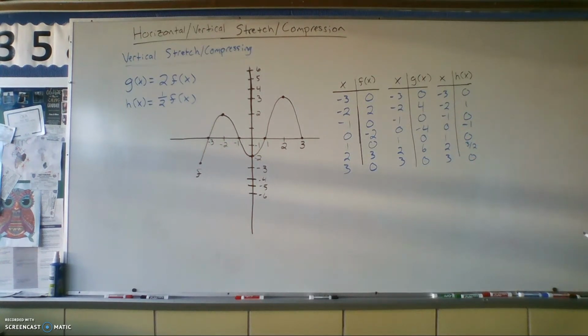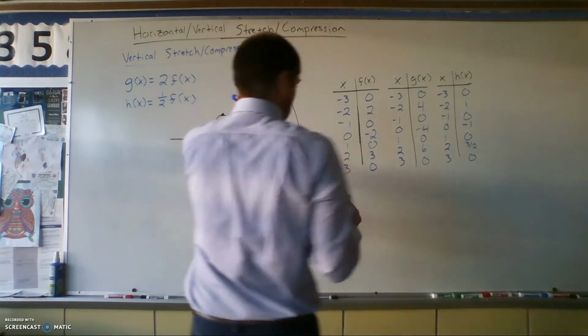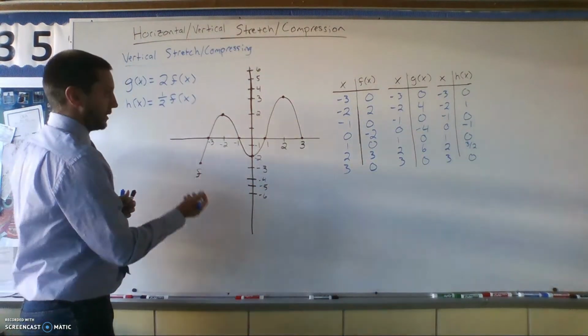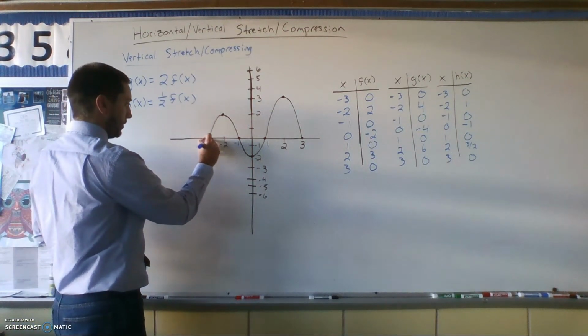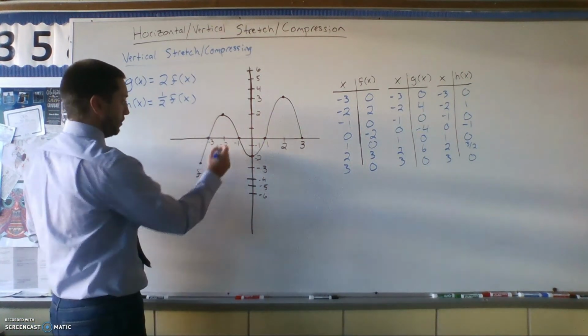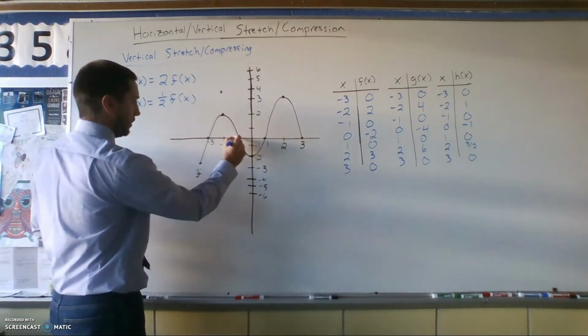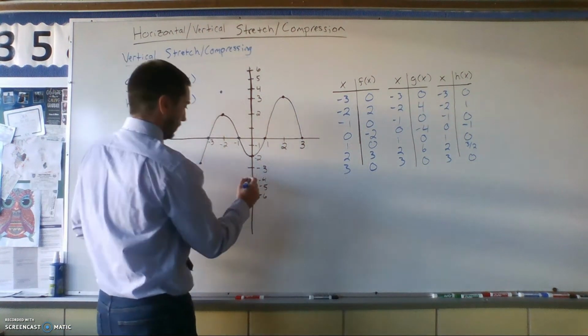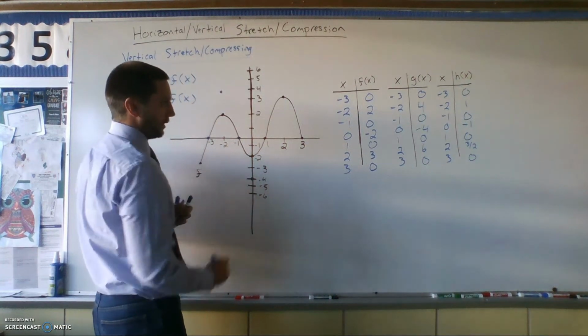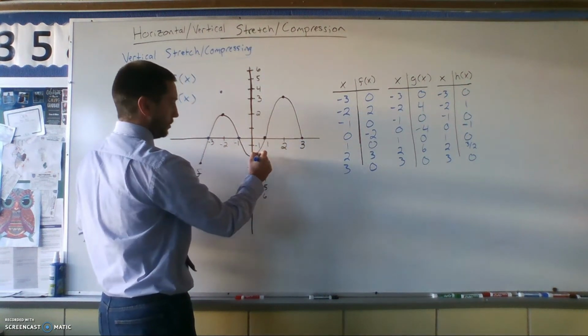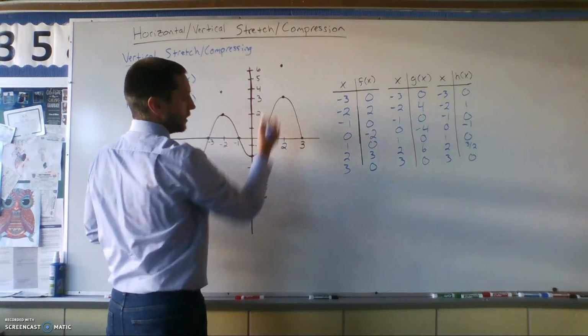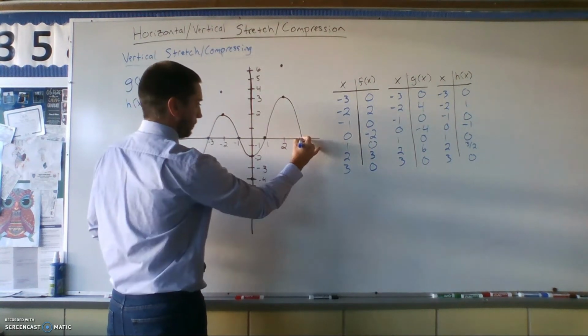So let's go ahead and graph these. So I'm going to graph G of X. Let's do that in blue. So I'm just going to plot all my new points. So (-3, 0), (-2, 4), (-1, 0), (0, -4), (1, 0), (2, 6), and (3, 0).